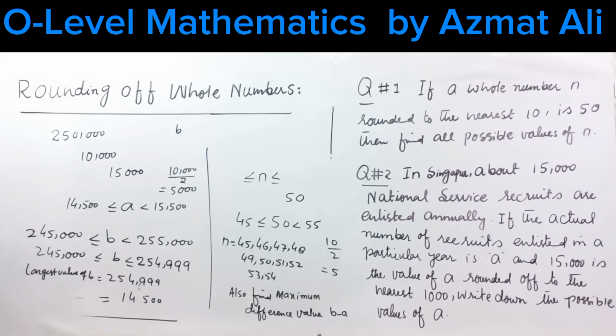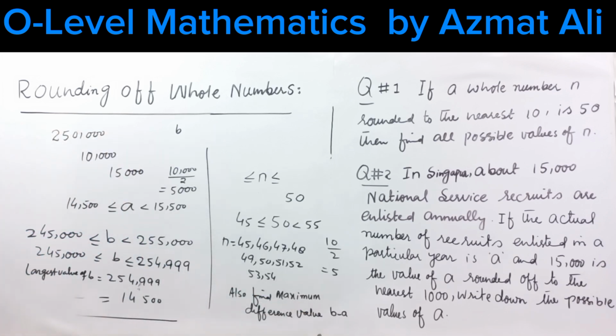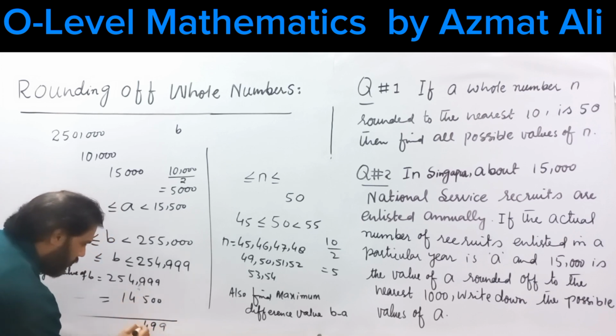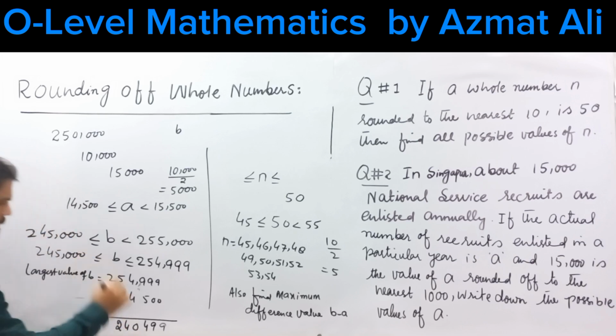The difference of these two numbers will be the maximum difference value B minus A, that is 240,499.